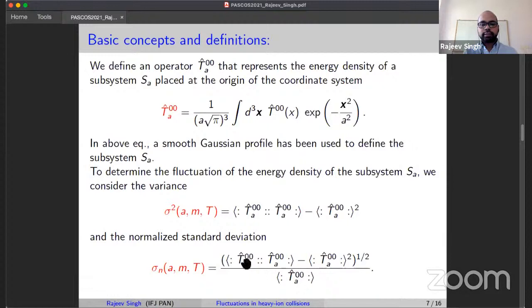One is here, and the other is this numerator divided by the first term, not the second term. We have checked that both formulas give the same expression for the fluctuations.